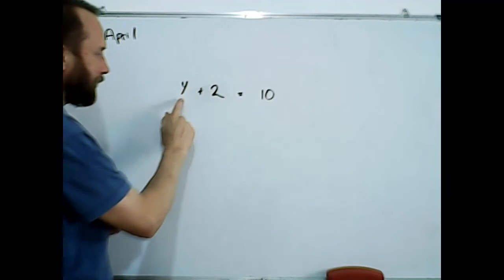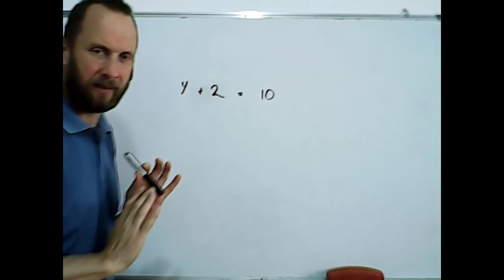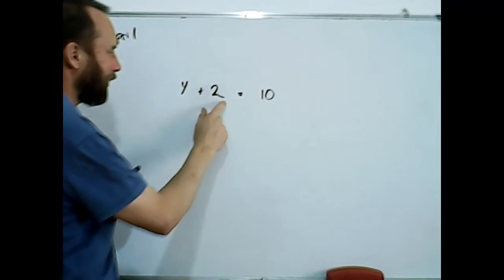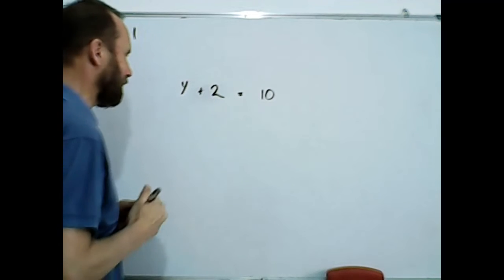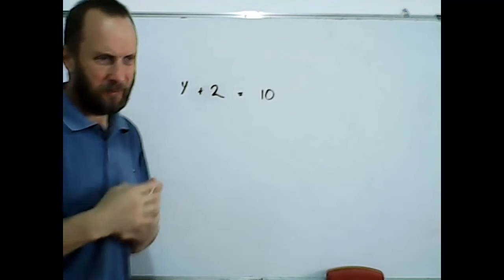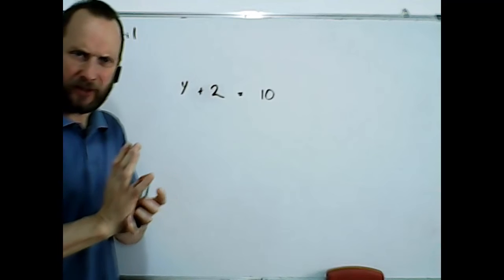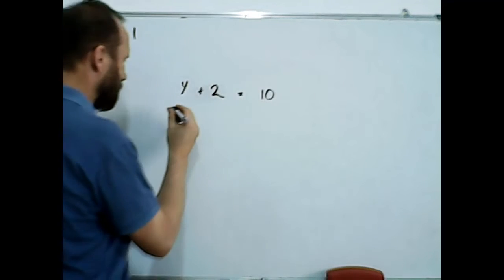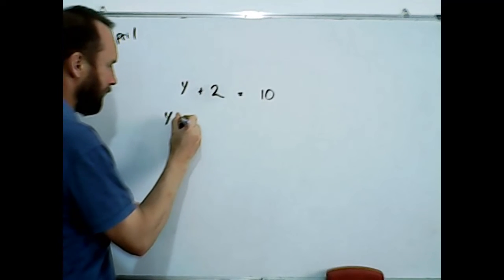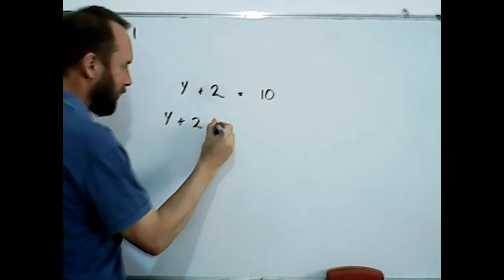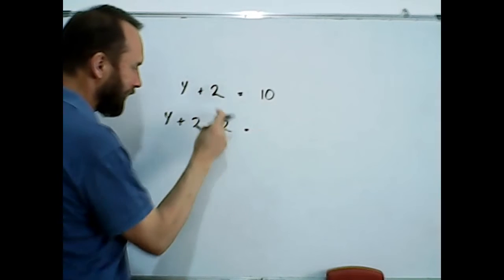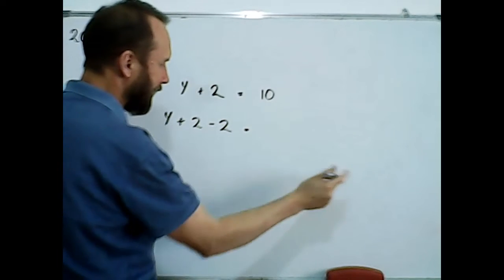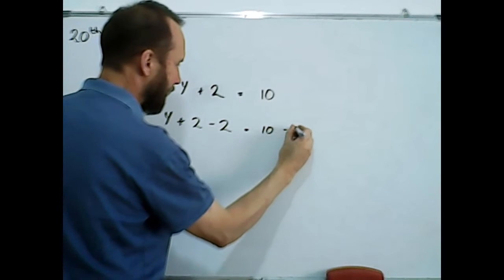So what I want is y equals something. I've got plus 2 here. How can I get rid of plus 2? Well, if I have plus 2 and I don't want plus 2, I just take 2 away. If I take away 2 on this side, I have to take away 2 on this side.